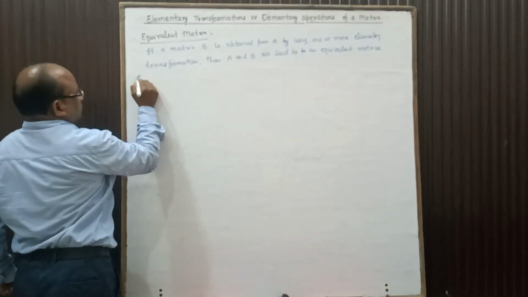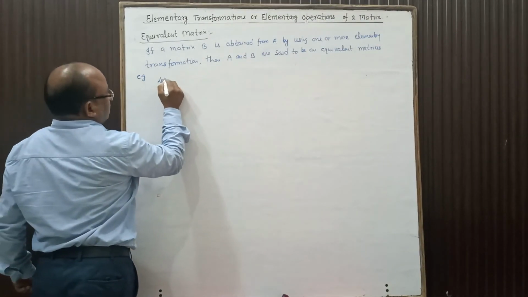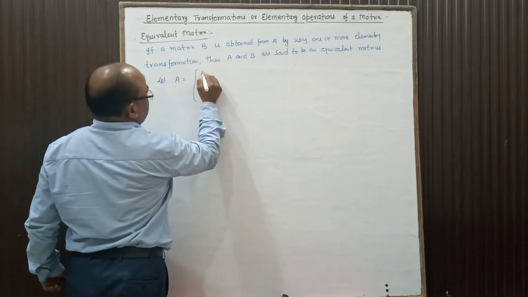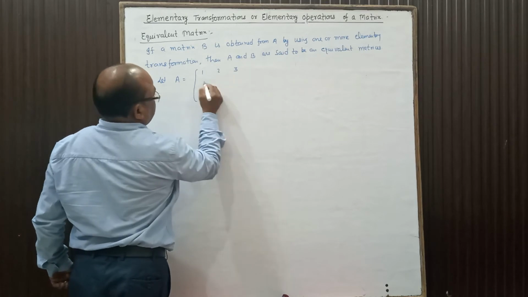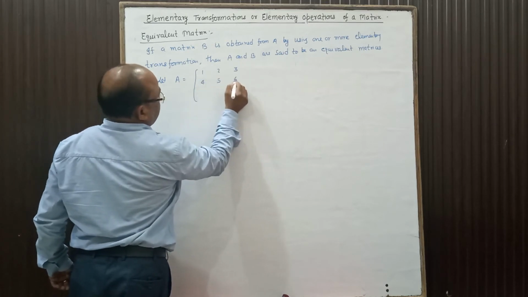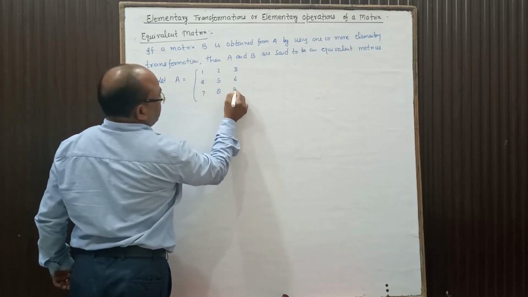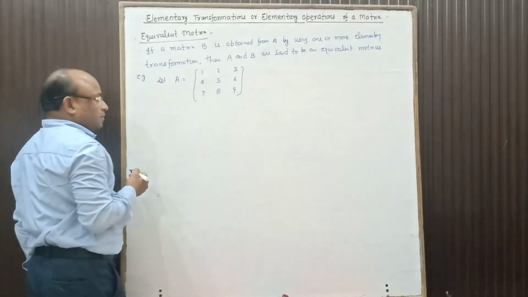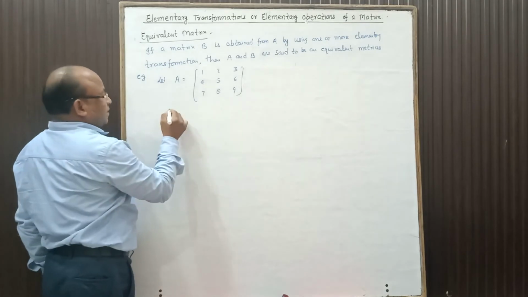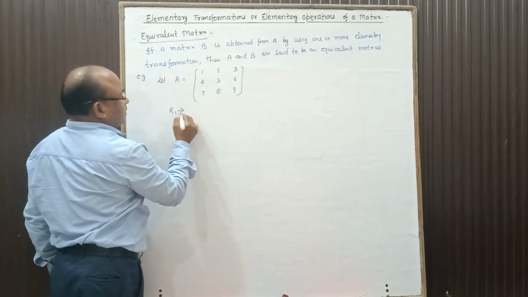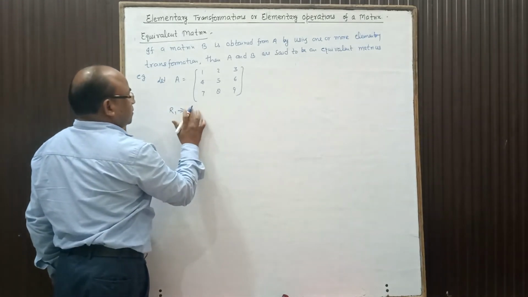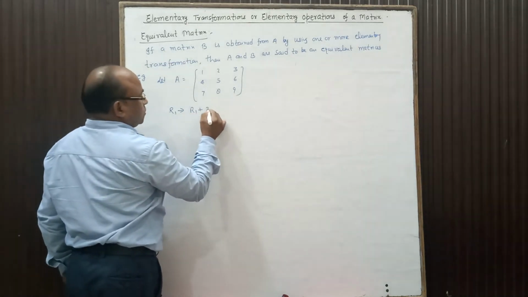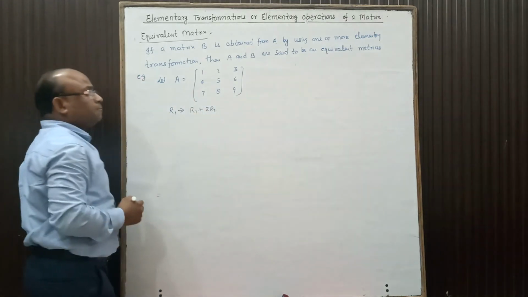For example, let A be a matrix 1, 2, 3, 4, 5, 6, 7, 8, 9. Let a matrix B be obtained by using the elementary transformation R1 is replaced by R1 plus 2R2.